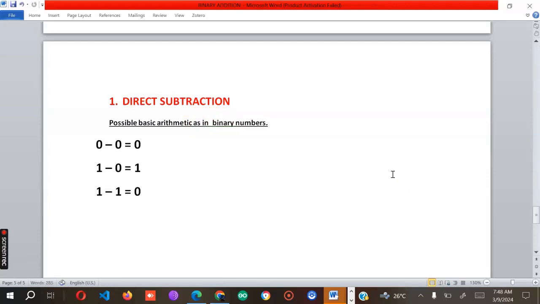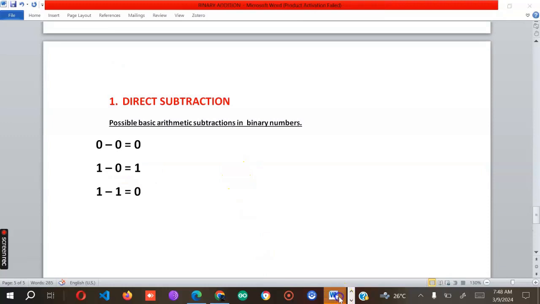So if you look at the first scenario that we have, 0 minus 0 is equal to 0, and whenever you subtract the same digits, you always get 0. So 0 minus 0 is equal to 0, 1 minus 1 is equal to 0. But when we have 1 minus 0, it is equal to 1.